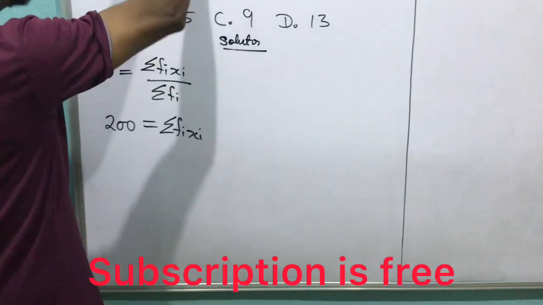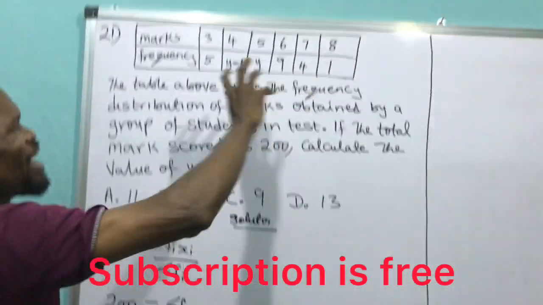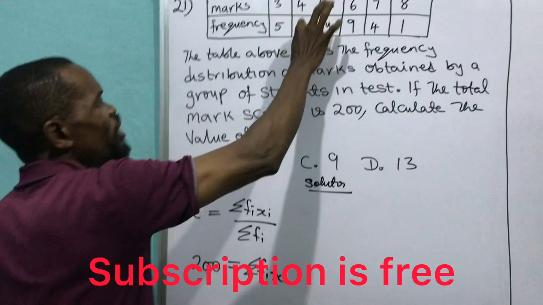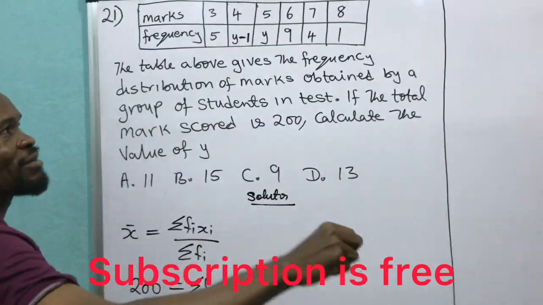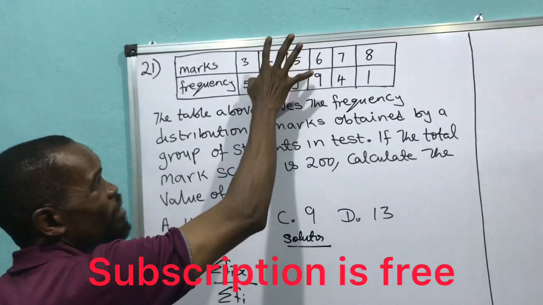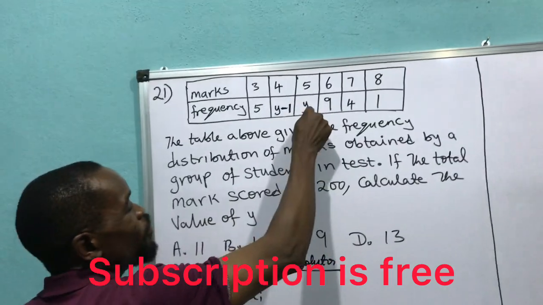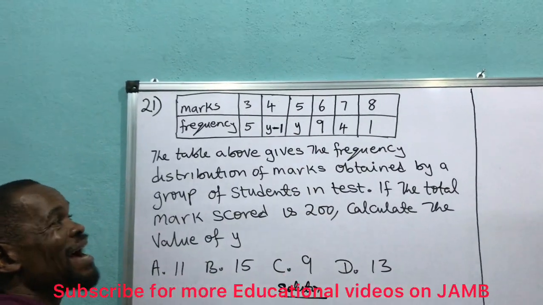So multiplying this gives the marks for these 5 people, multiplying this gives the marks for the y minus 1 people, then y times 5 gives the marks the y people got.